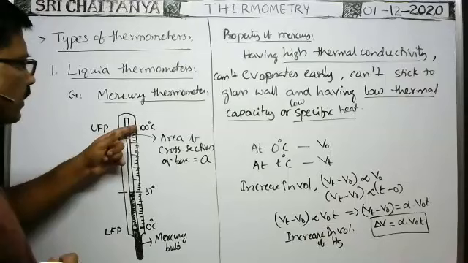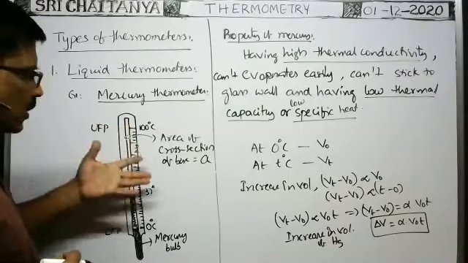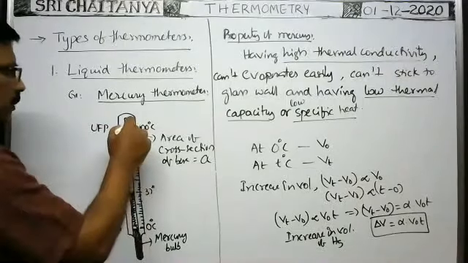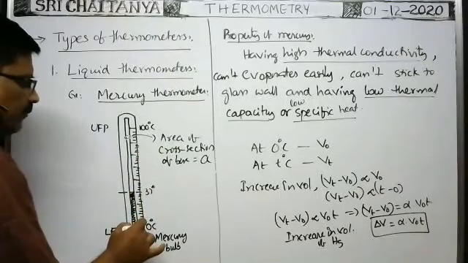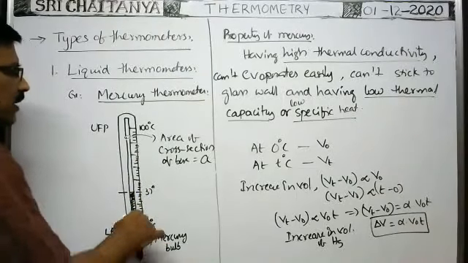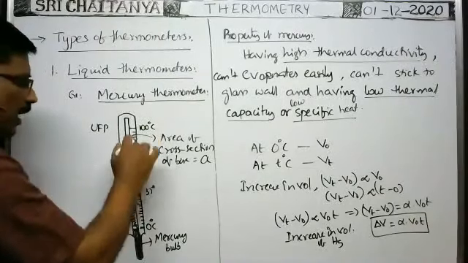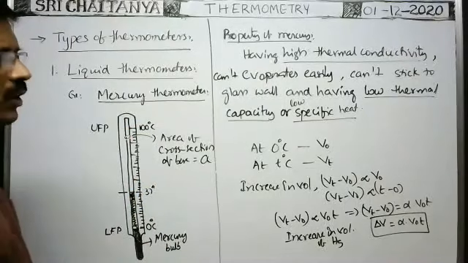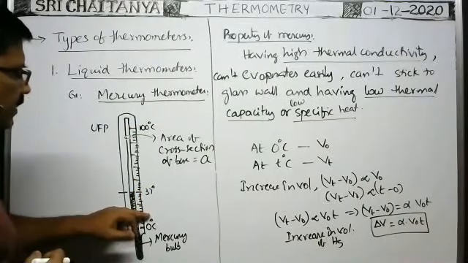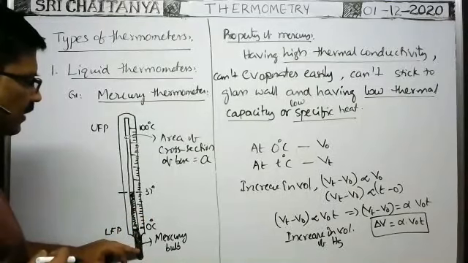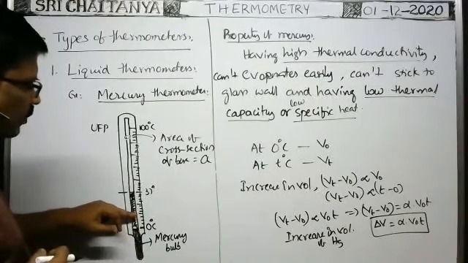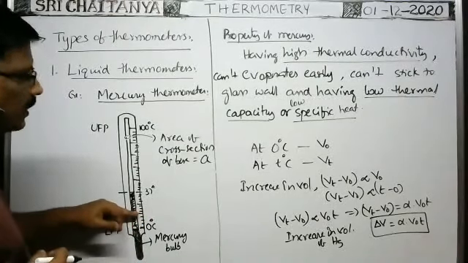In between 0 and 100 degrees centigrade, you get 100 equal divisions. Suppose 10 degrees centigrade is here: if the temperature of the mercury is 10 degrees centigrade, the mercury level rises up to 10 degrees centigrade only.